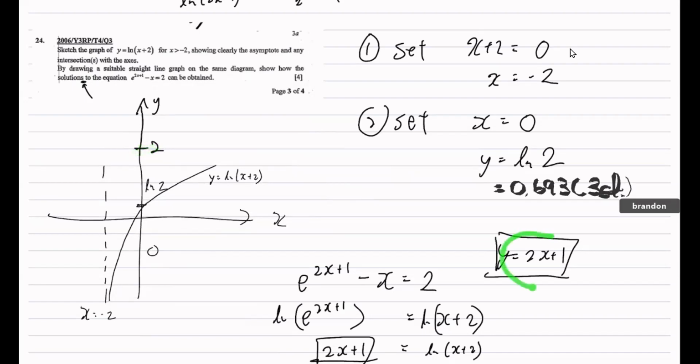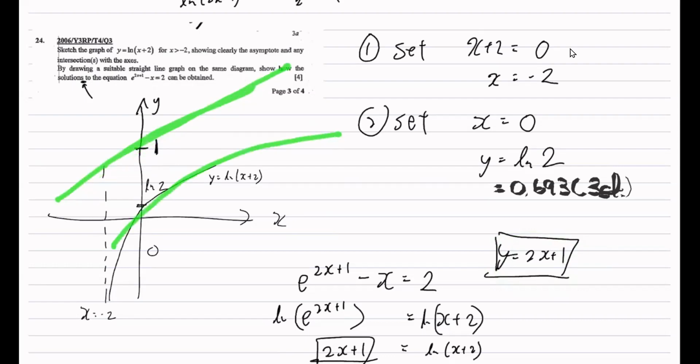Then we know that there's a y equal to 2x plus 1. Oh, sorry, I meant to put a 1. We know that y equals 2x plus 1 must have a y-intercept of 1, so it must cut here. Positive gradient, so it must be like this. You look at the graph. How can it be? You see, this looks almost like parallel and they never touch. How can there be solutions? It's because my diagram is not accurate.